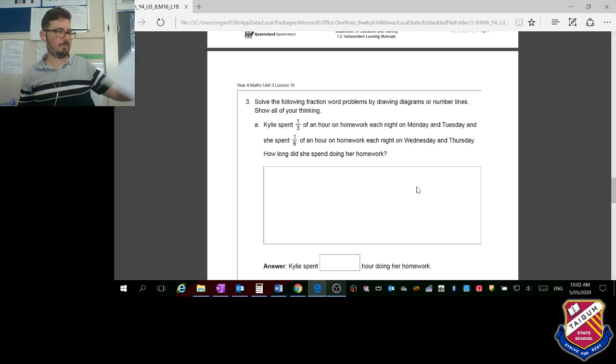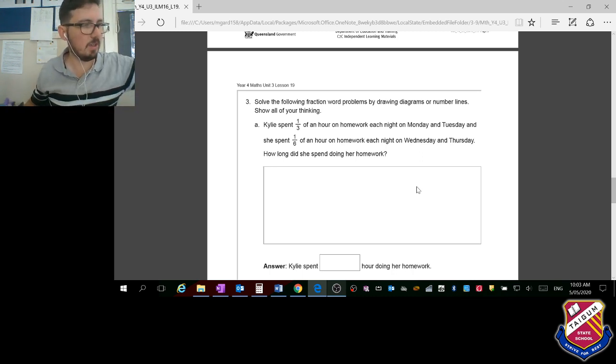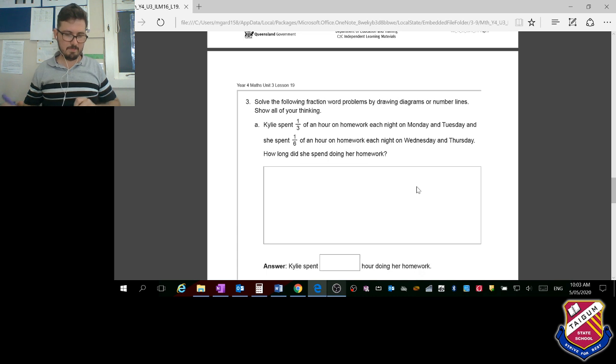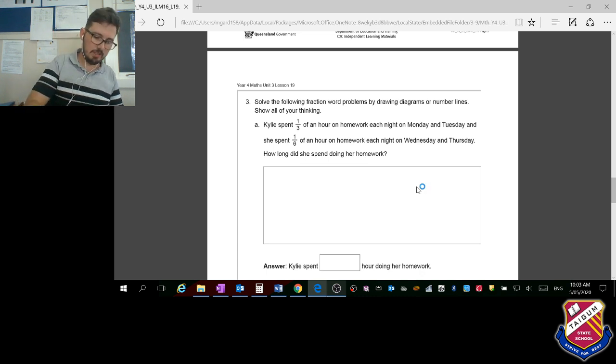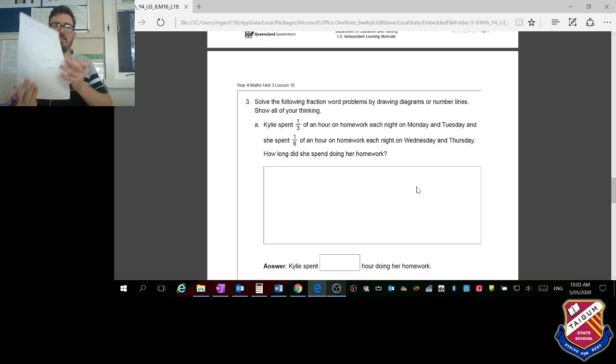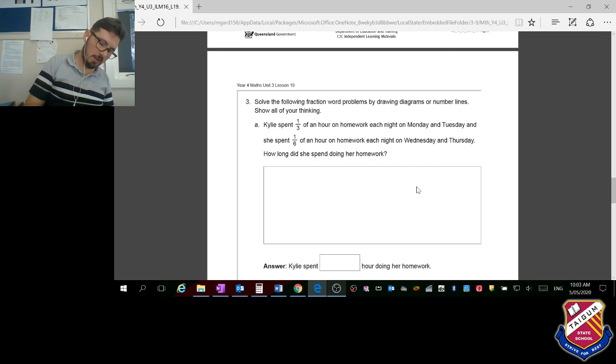You know what? I'm actually going to do it using squares. So I'm going to draw a square for each day of the week. Monday, Tuesday, Wednesday, Thursday.